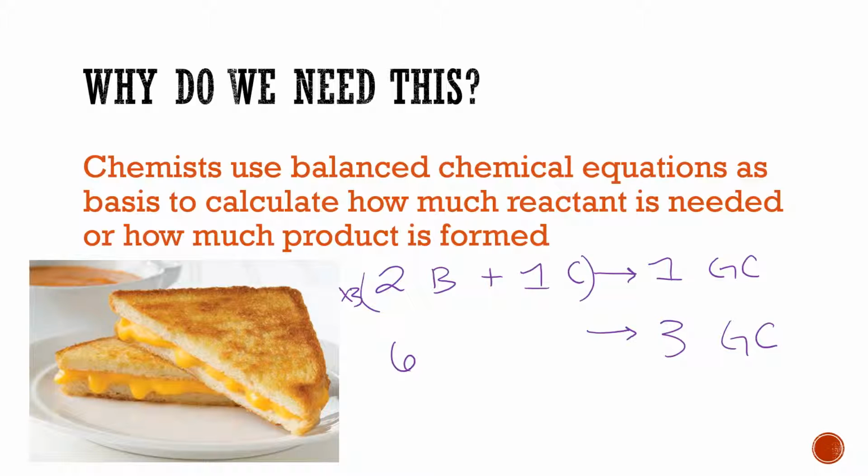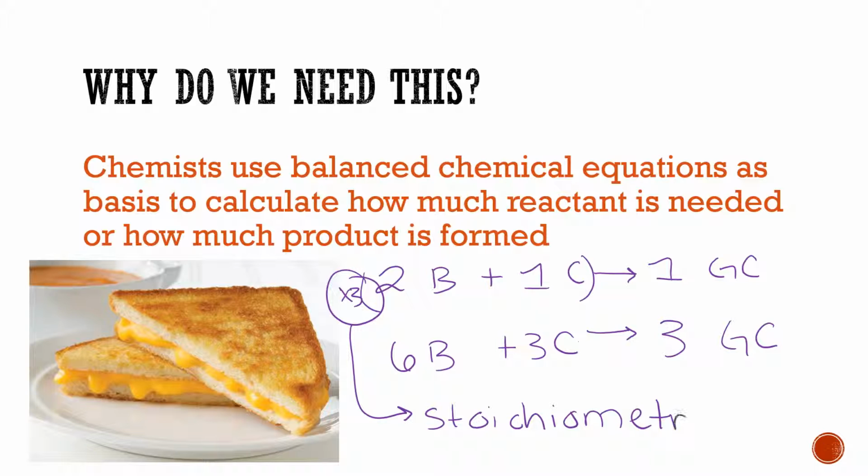So you get 6 pieces of bread that would be needed and 3 slices of cheese. Chemists use the same thing. What we just did here by multiplying it by 3 is stoichiometry. So we have a fancy word attached to it, and we just did stoichiometry to figure out how much would be needed in terms of grilled cheese.